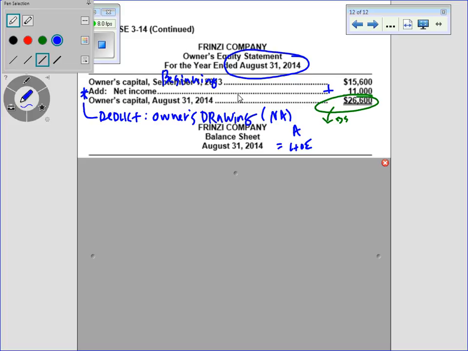I want you to count how many assets you have. This one's a little bit of a trick. This is a little trick question. There's actually 6. There's 5 true assets, but that accumulated depreciation is a contra asset account. It devalues equipment, but you still have it as a line item on there, okay?